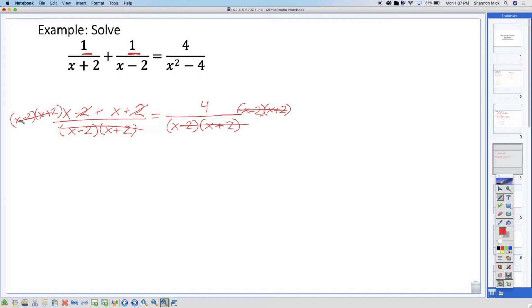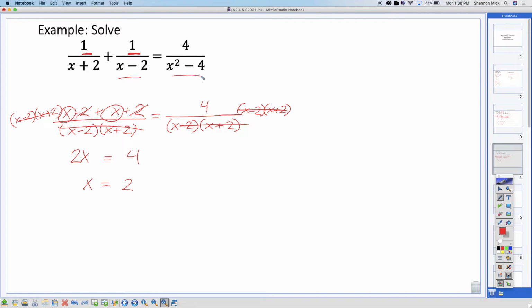So I'm left with what? X plus x, no, you're adding, 2x equals 4. So x equals 2. Can it be 2? Why not? Okay, so it's not a good number. It makes this 0 and this 0, yes? Slow down.